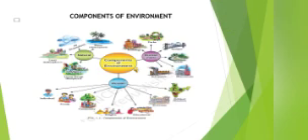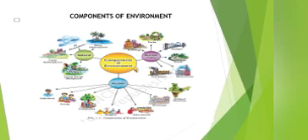Moving on to the next slide, children, here you get to see components of environment, figure 1.1 given at page number 2 of your book. Components of environment means the different parts of environment.